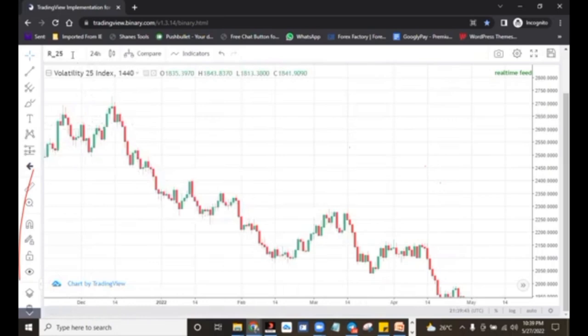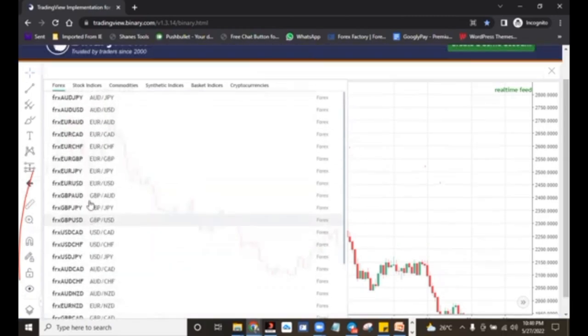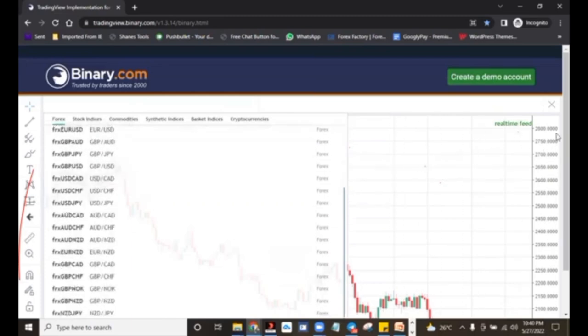If you come to TradingView, you want to click here, delete this, and then everything is going to come out. So if you are trading currency pairs, that's what you're going to be seeing, all these AUD/JPY, AUD/USD, EUR/AUD, USD, all the currency pairs that are tradable in the markets.